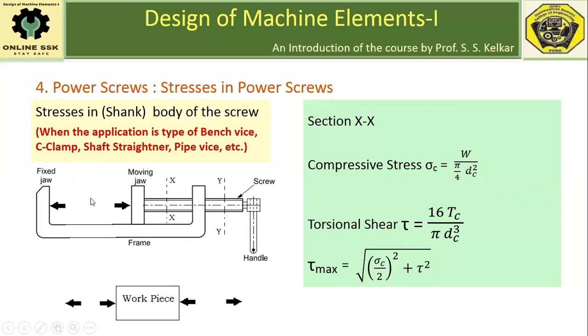So here clamping force represents the load W. So W amount of load or force is experienced by the moving as well as fixed jaw as a reaction given by the workpiece. Workpiece will be applied with clamping force W.